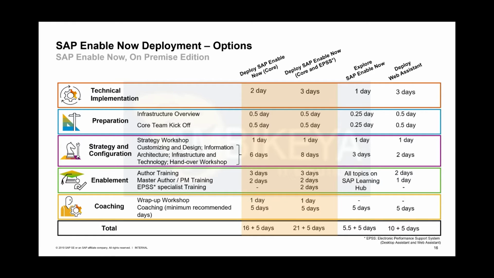So we have Deploy Enable Now with either 15 or 16 plus 5 recommended. We have Deploy Core and EPSS with 20 or 21 plus 5 recommended. We have Explore with 5 or 5.5 maybe. This separation is not even necessary. And we have Deploy Web Assistant with either 9 or 10 days.